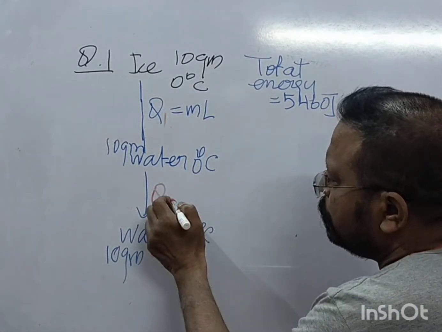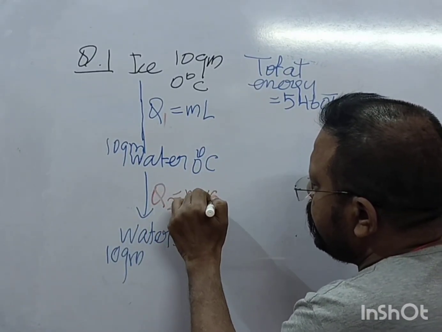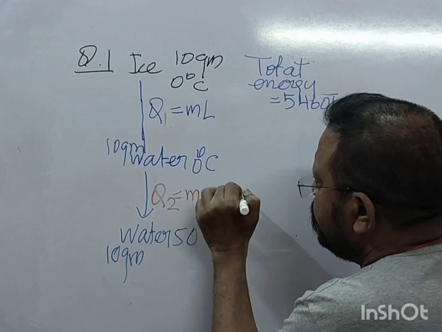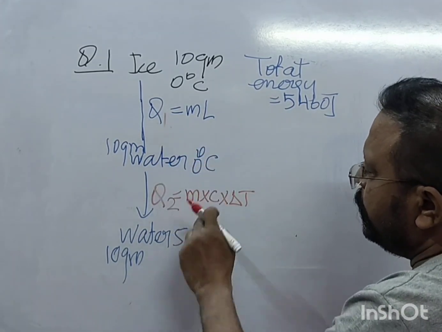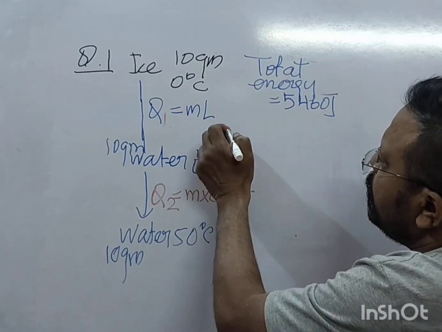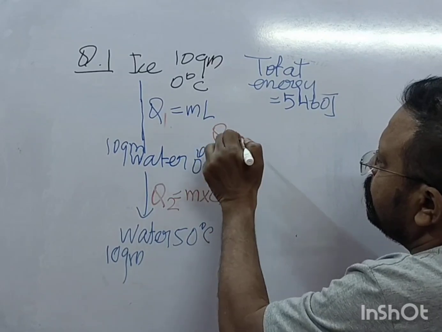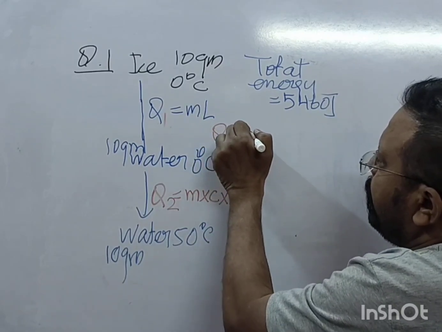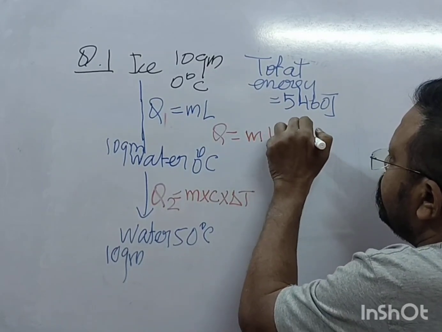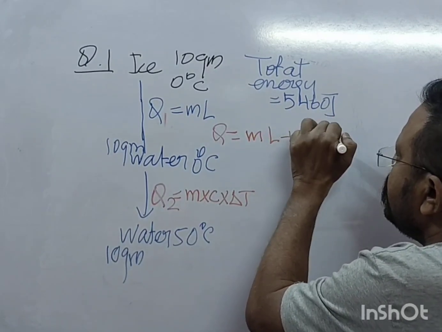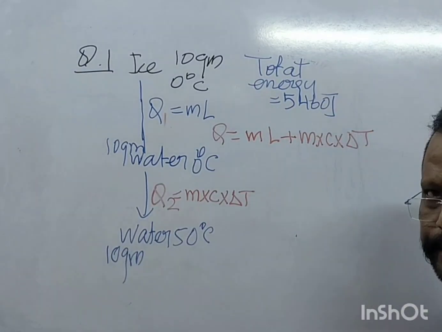Q2 is equal to m into c into delta T. And the total energy Q is equal to mL plus m into c into delta T, right?